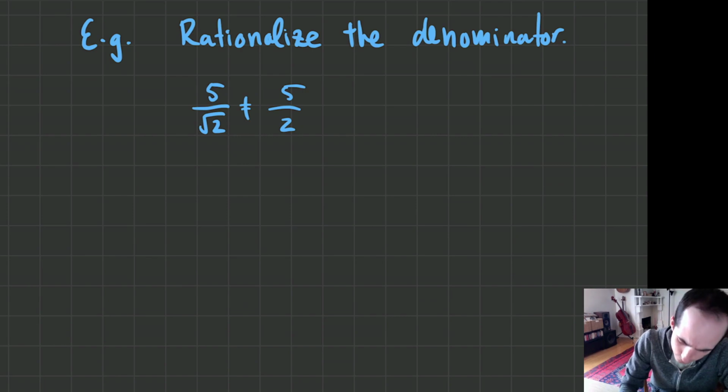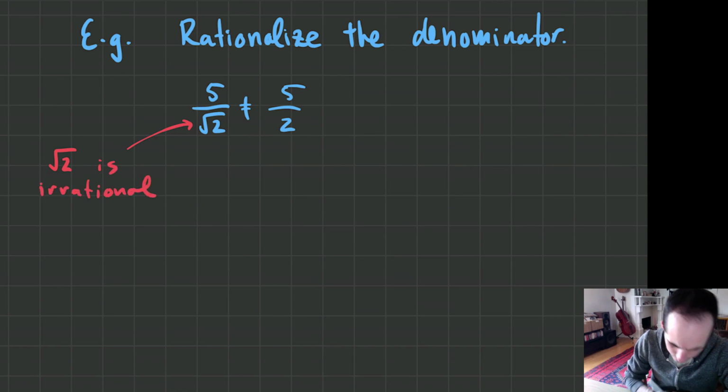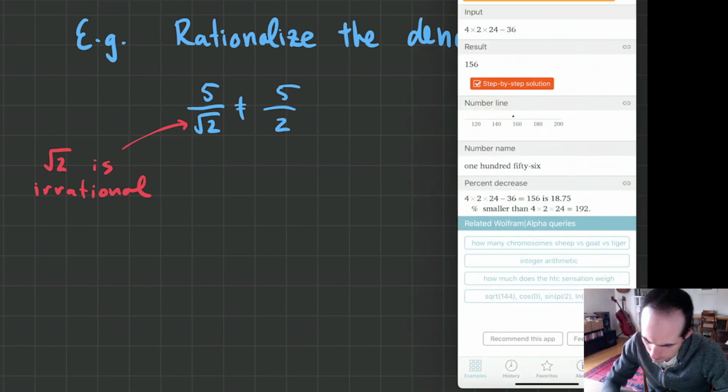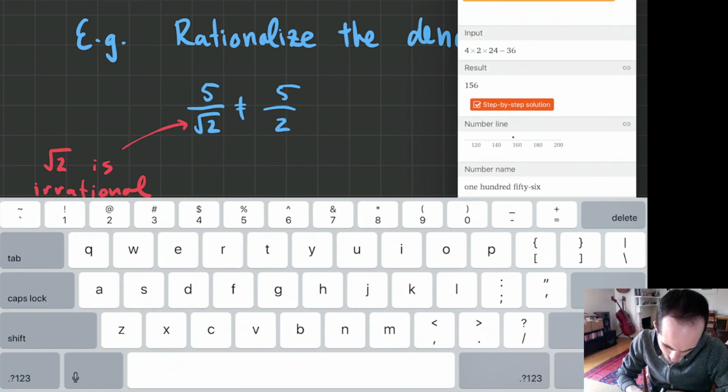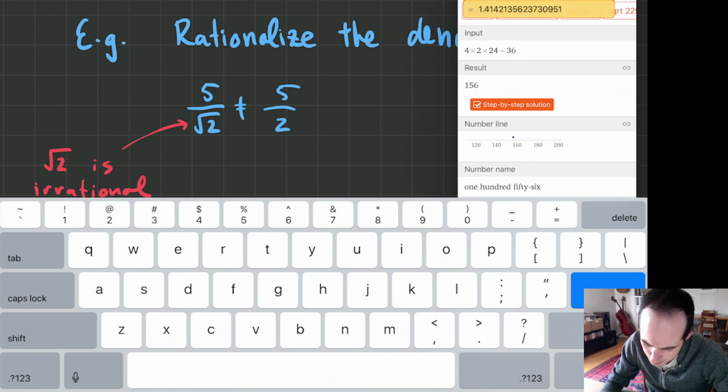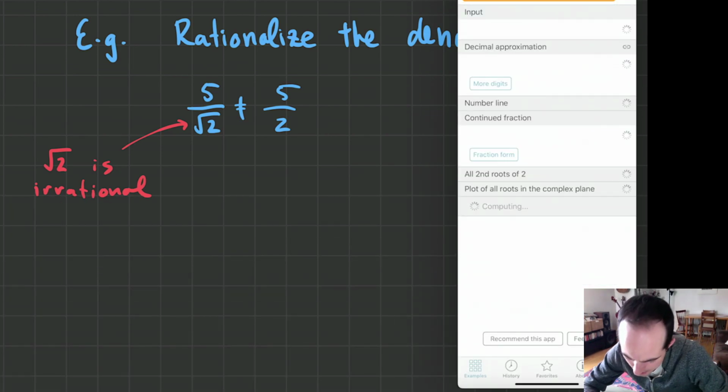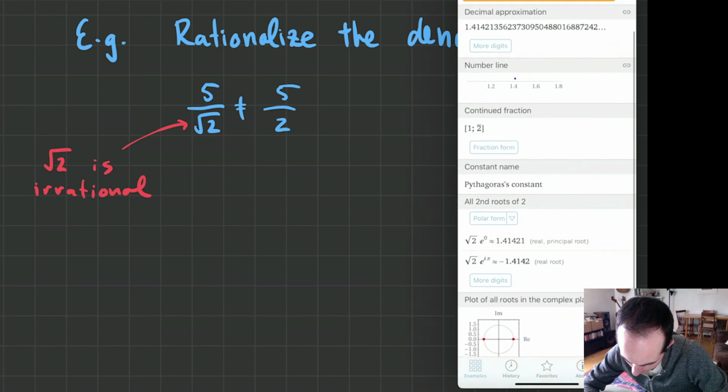Right now, the denominator, the square root of 2, is irrational. If you don't believe me, take a look. I'll do it right now. So the square root of 2 is 1.4142135623 and so on, and I'm sure that Wolfram Alpha is going to tell me that it's irrational.